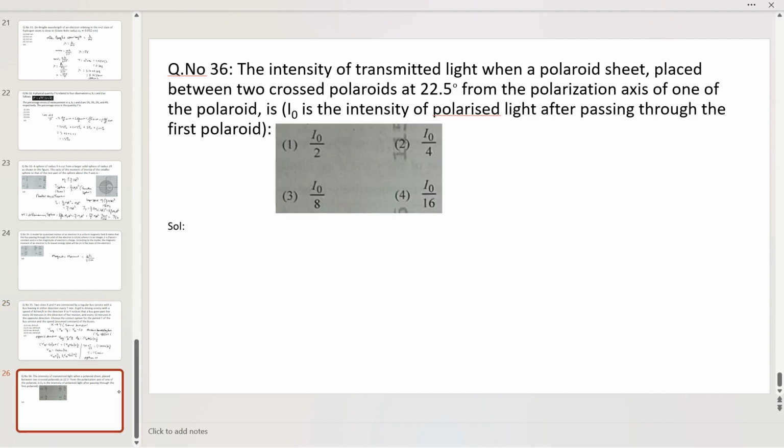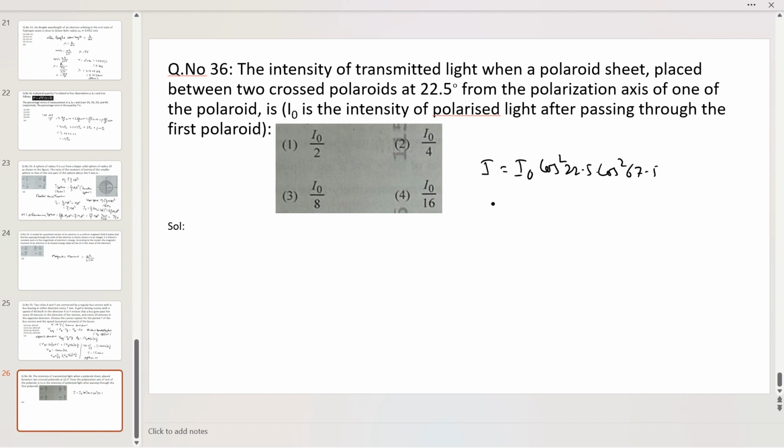This is the intensity of polarization. Here I am writing directly: I will be equal to I naught cos square 22.5 into cos square 67.5, that is 90 minus 22.5, which is 67.5.